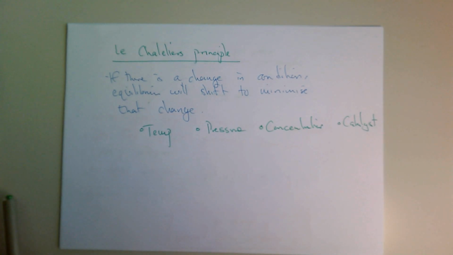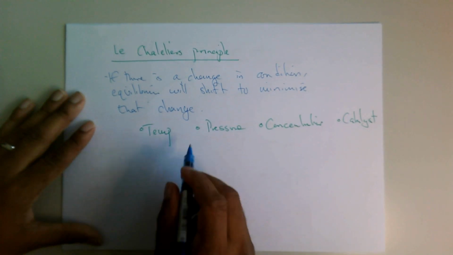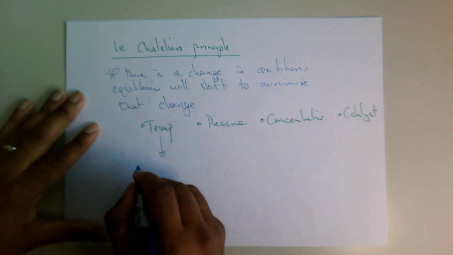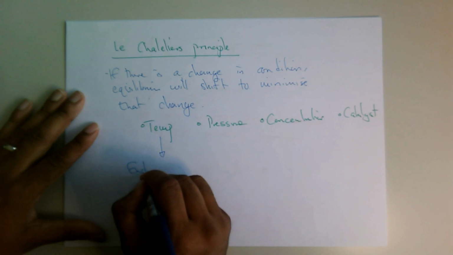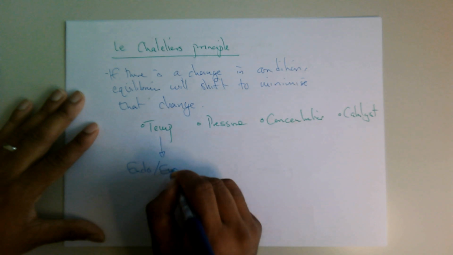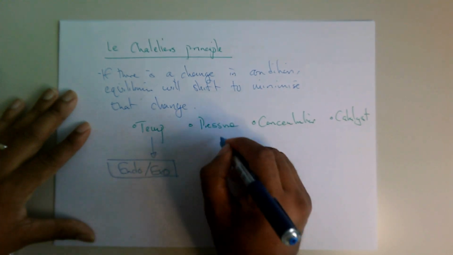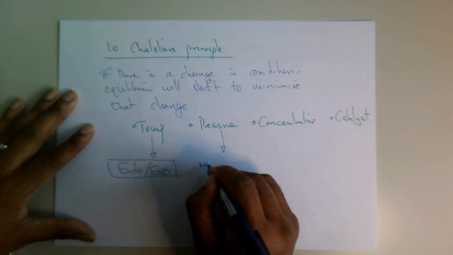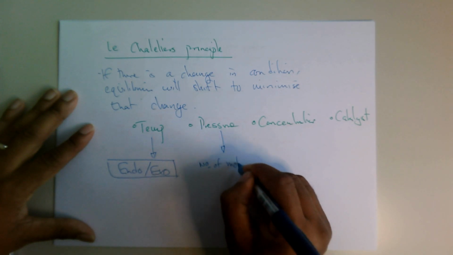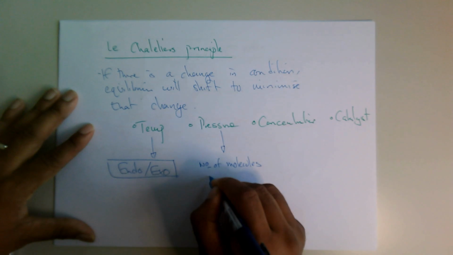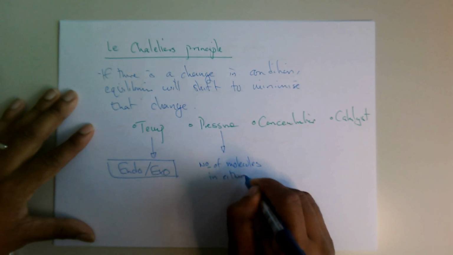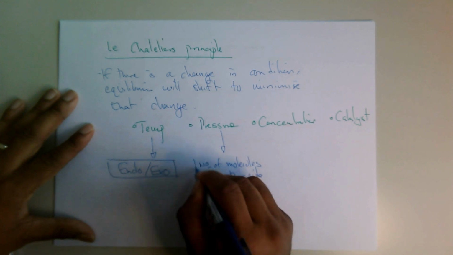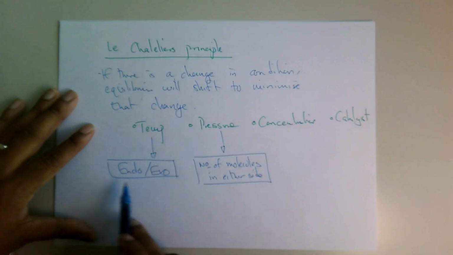Okay. My advice is, when we're talking about temperature, you discuss endothermic or exothermic. When we're talking about pressure, you talk about the number of molecules on either side, and avoid mixing these two.